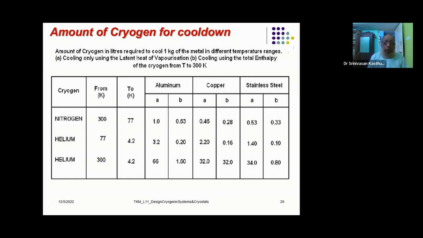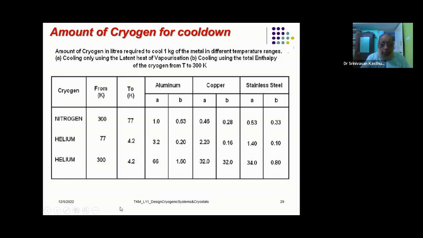When I use the total enthalpy of the system, obviously the amount of cryogen required will be smaller. So let's talk about aluminum. A is 1, that is only latent heat, whereas with latent heat plus the additional cooling capacity, it becomes only 0.63.